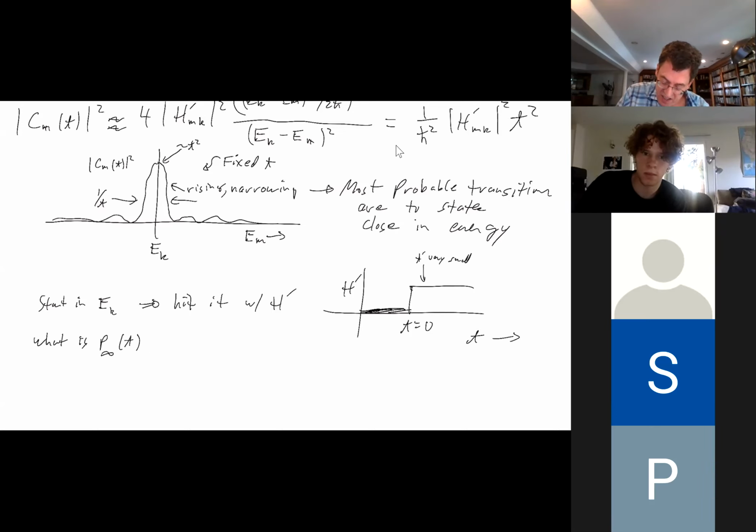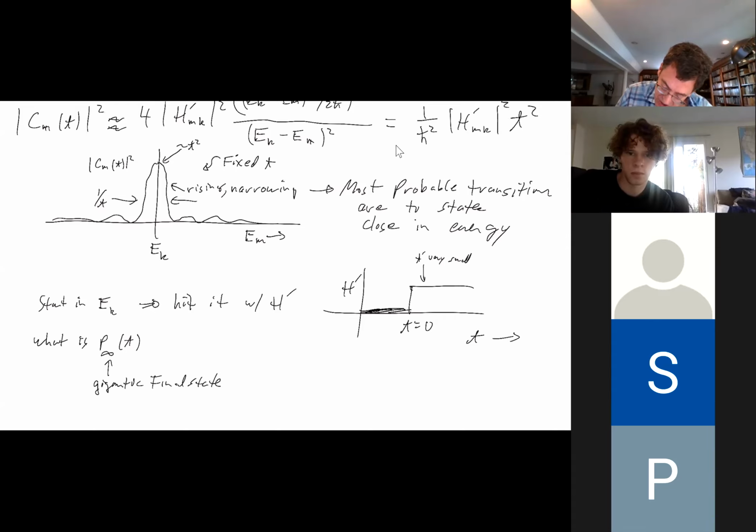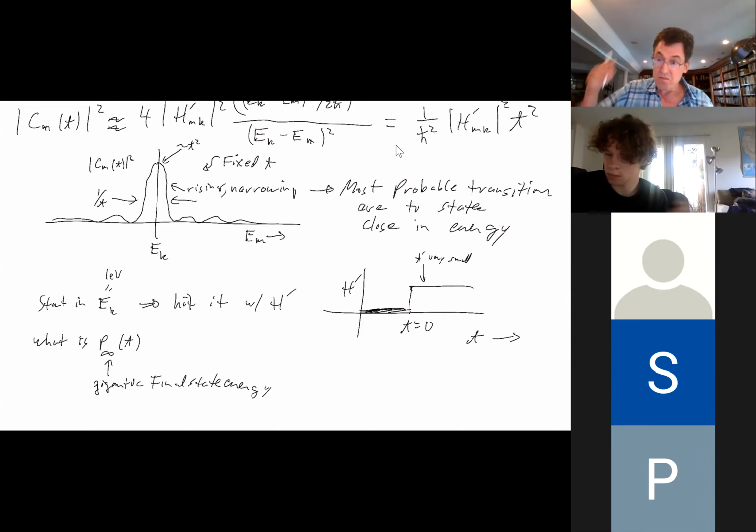So let's take a gigantic final state energy. Let's say I start in some state with energy equal to 1 electron volt at the bottom, and then I ask, what's my probability to have a transition to a final state that is equal to 1 trillion electron volts?